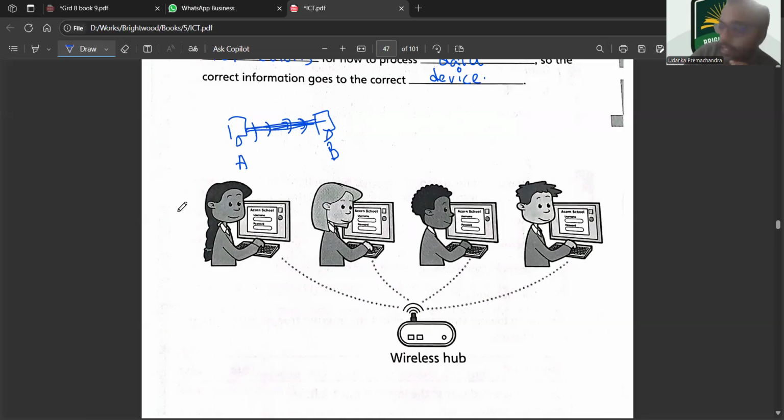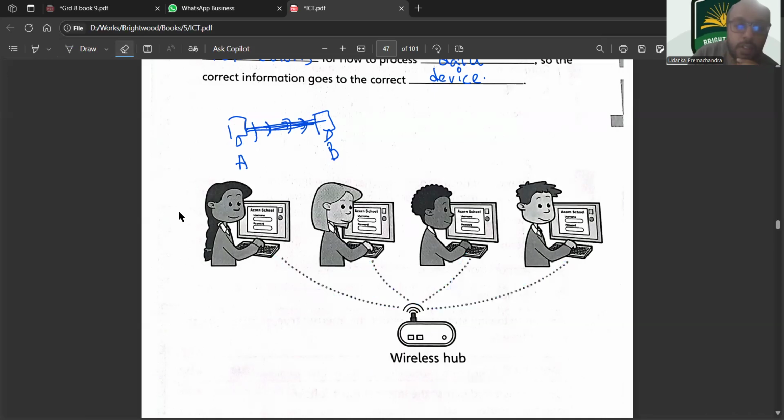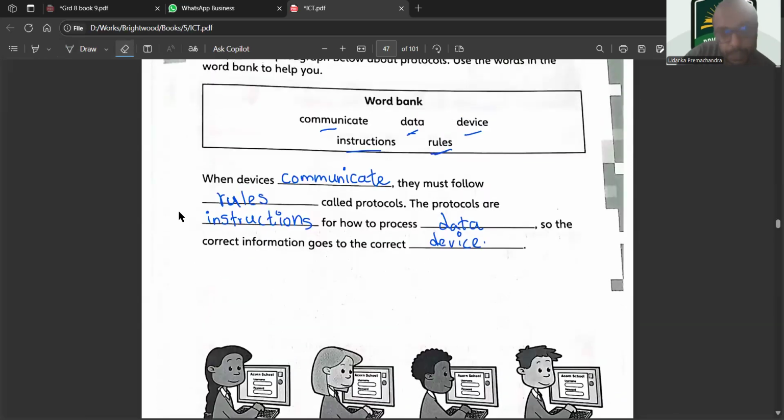They have a wired hub or wireless hub, and it is mentioned how data goes to the correct devices. Is that clear? That is called a protocol. There should be a proper way. I think you got it.